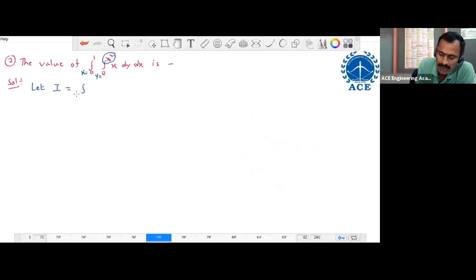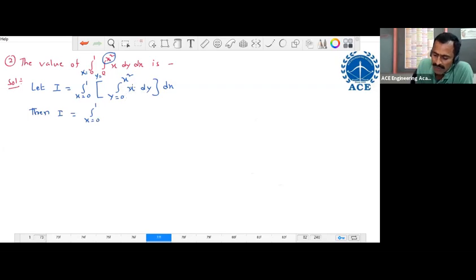Let I equal to integral x equal to 0 to 1, inside the integral, y equal to 0 to x square, x dy, and then dx. While integrating this function with respect to variable y, we treat the other variable x as constant, because the inner integral is with respect to y only.